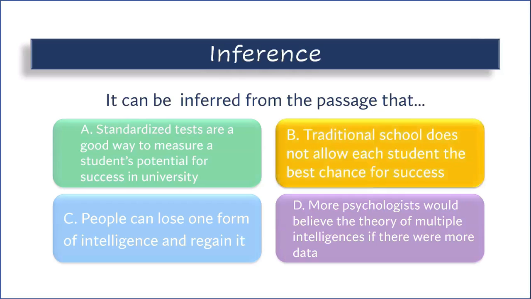Paragraph 1 discussed the fact that intelligence has traditionally been defined as one ability. Paragraph 2 discusses the problems with this idea in these sentences. Quote, "When viewed as a single, all-purpose ability, students either have a lot of intelligence or they do not, and strengthening their intelligence becomes a major challenge or perhaps even an impossible one.